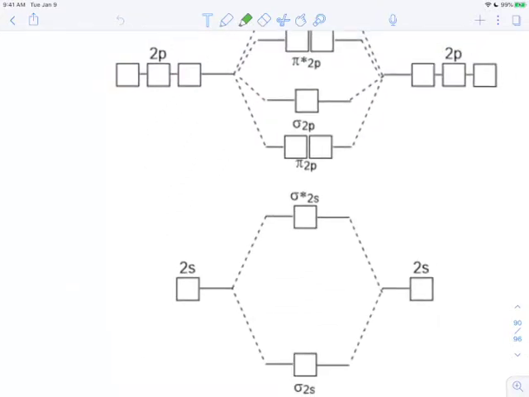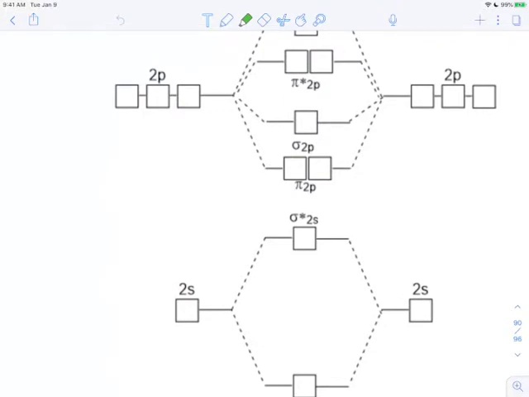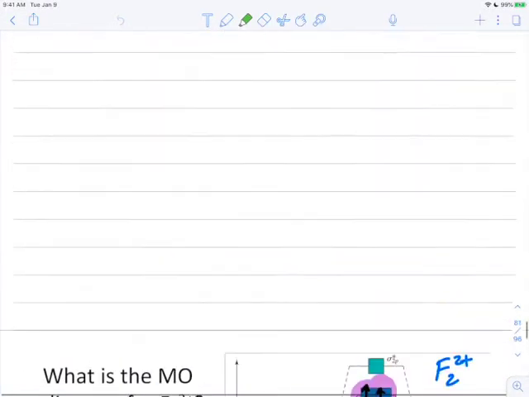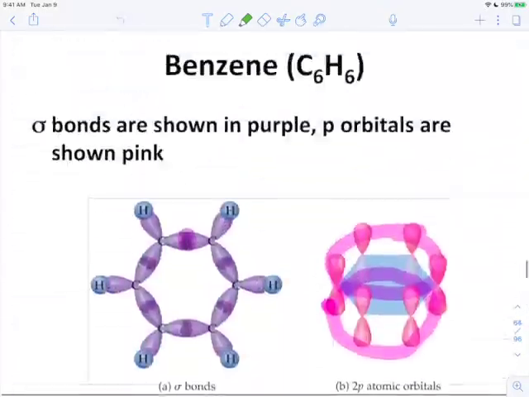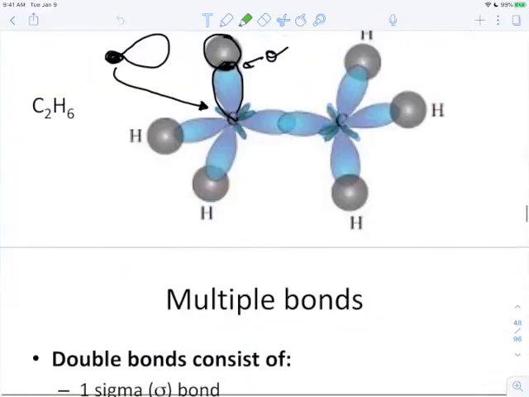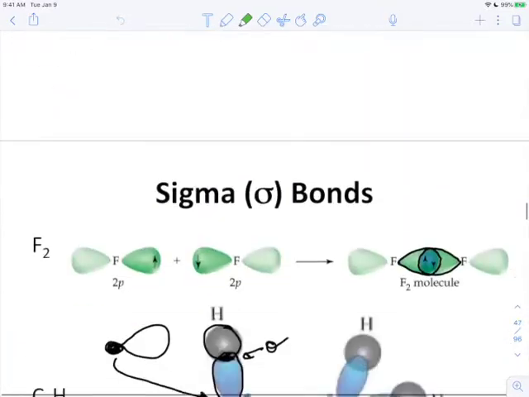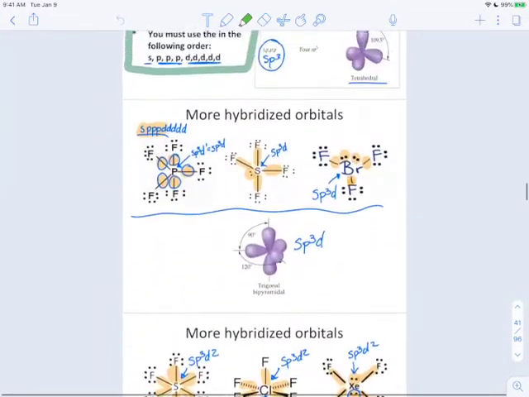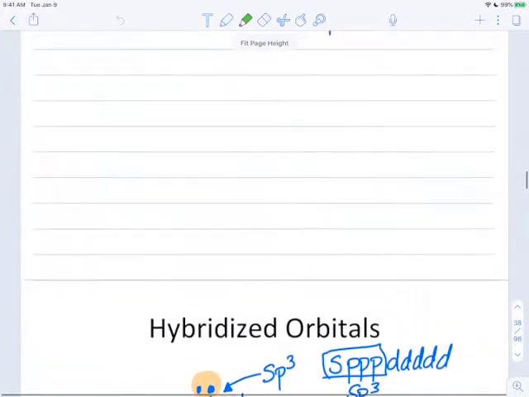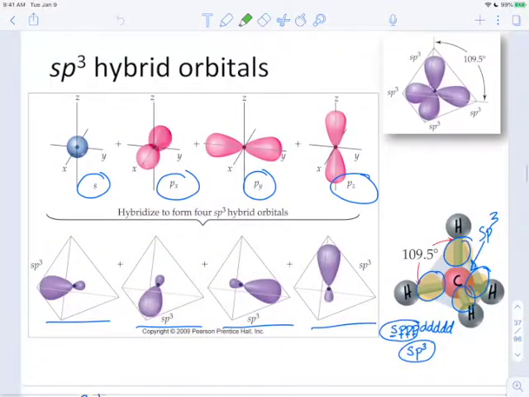Why was it only three? So we always get back the same number that we put in.